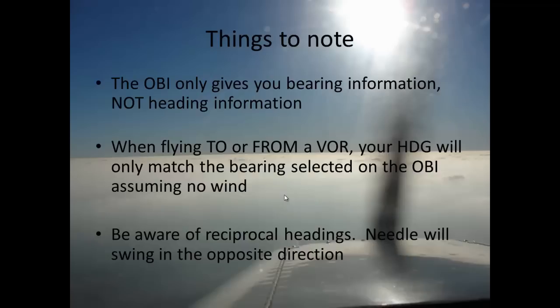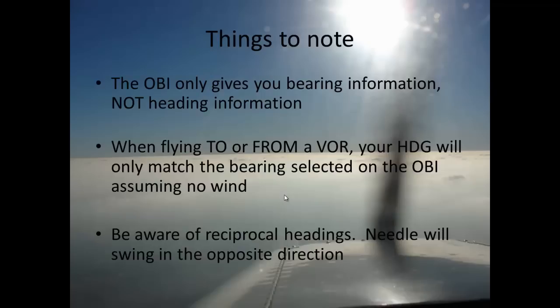Because when you're flying to a VOR or from a VOR and everything's set up correctly, if the needle moves to the left, you need to move to the left. If the needle moves to the right, it means that you're drifting left and you need to turn to the right. So you always in effect have to follow the needle, and as you follow it, the needle should recenter itself. However, if you set the OBI up incorrectly and you're flying on the reciprocal heading, you'll note that as you turn to correct your error, you'll make the problem worse.